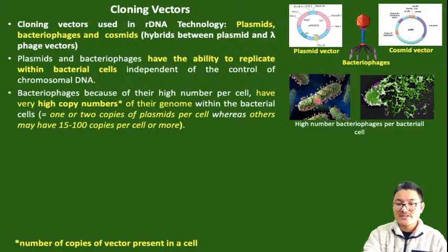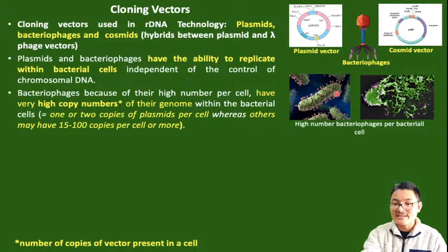What you are seeing here is a bacterial cell with so many bacteriophages attached to its surface. After infection, the genetic material of the bacteriophage enters, and it has a high copy number, multiplying into thousands, and the bacterial cell will die.